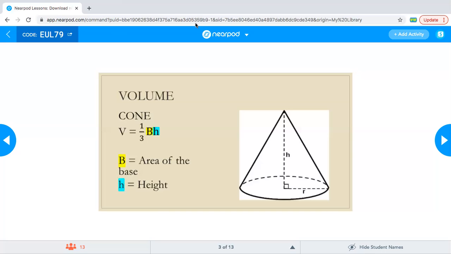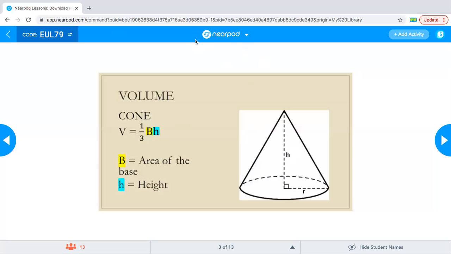Alrighty, so the formula for a cone is very similar to the formula of a cylinder. What's the difference? The 1/3. And that's because a cone is a third of a cylinder.